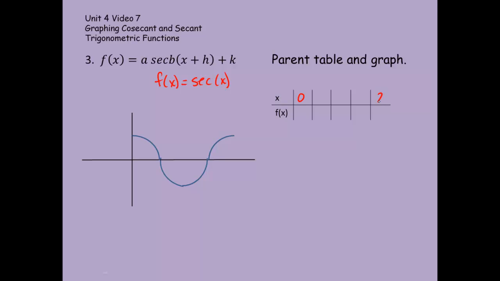So I will start by filling in my table here with a period of 2 pi. I'm going to once again write the cosine values in here. So we had 1, 0, -1, 0, 1, which are the points I have plotted here for us.